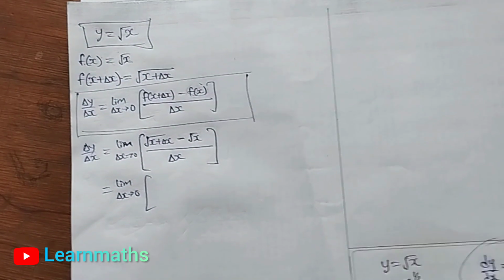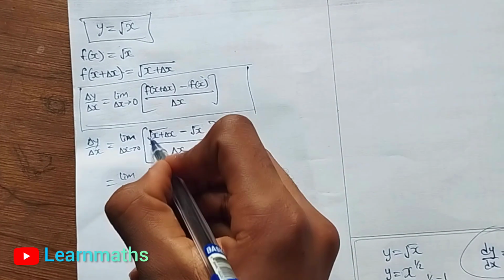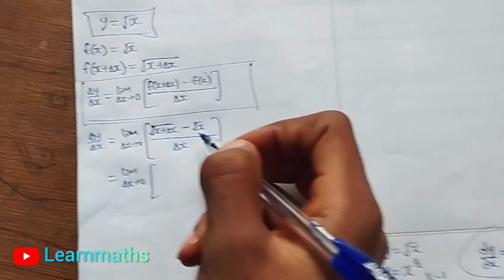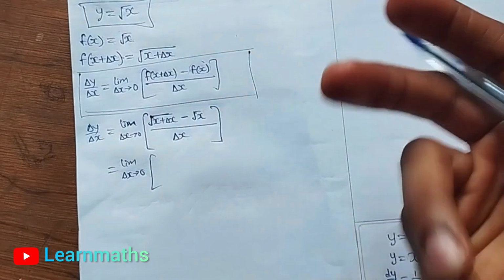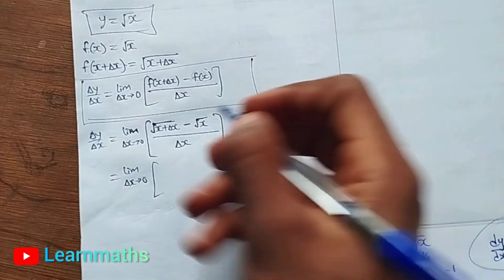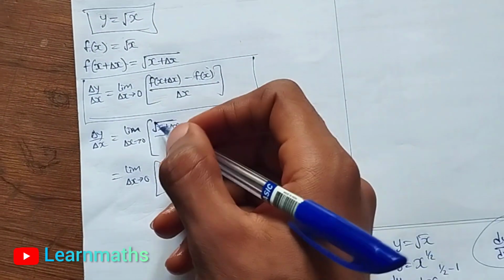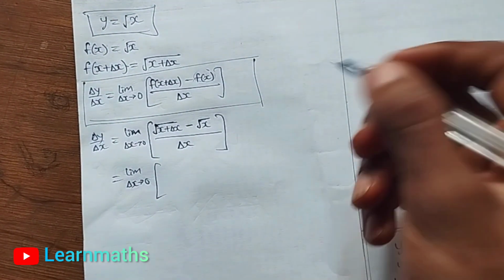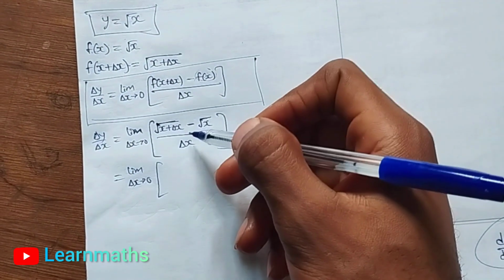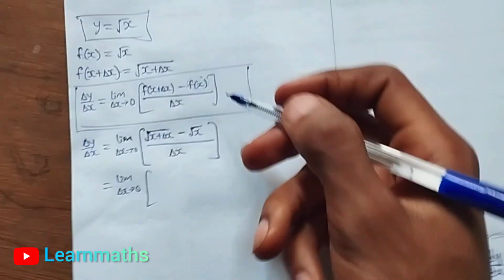The next step we're going to take from here is this. Our expression in the bracket is now looking like a surd, right? Due to the presence of the square root signs in both terms, it's now looking like a surd. So I'm going to try to rationalize this to see if I can simplify further, right?